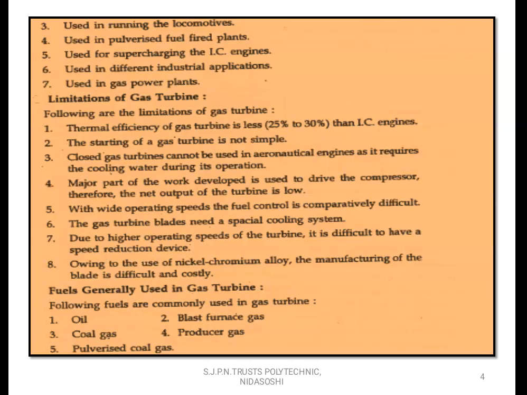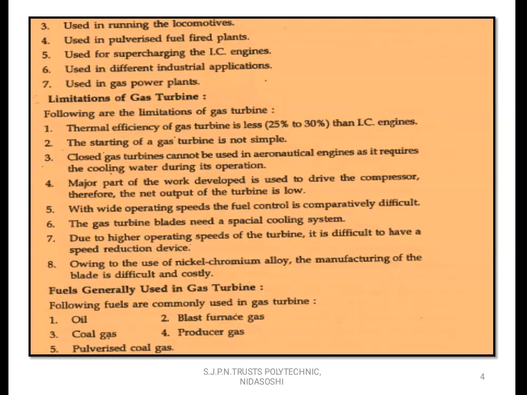Now, coming to the limitations of the gas turbine, its thermal efficiency is less, about 25 to 30% less than the IC engine. The starting of a gas turbine is not easy, it is a difficult process.